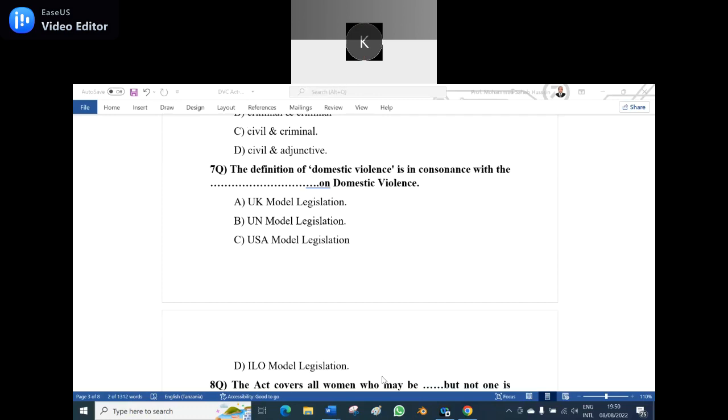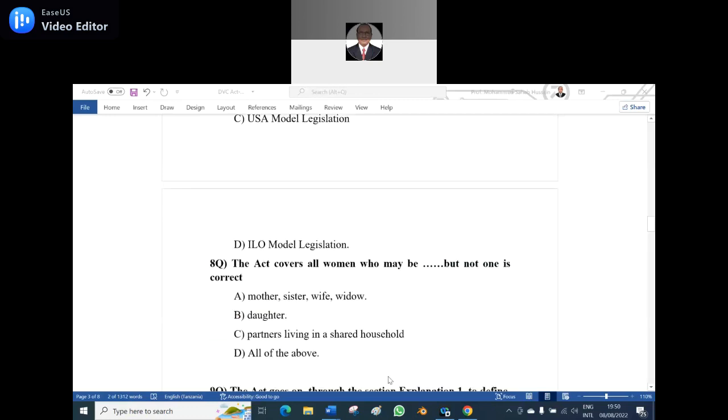Option B. Whenever you are giving the answer, you read option B, UN model legislation. Yes, that is the right answer. Next.